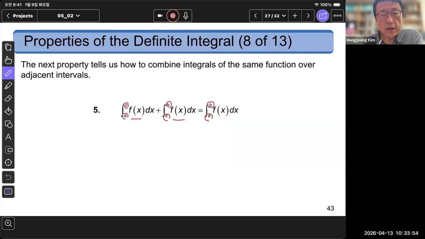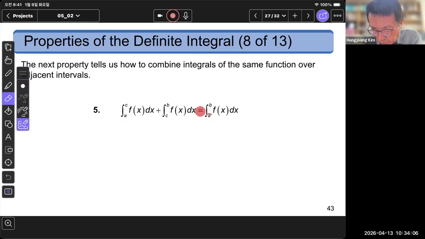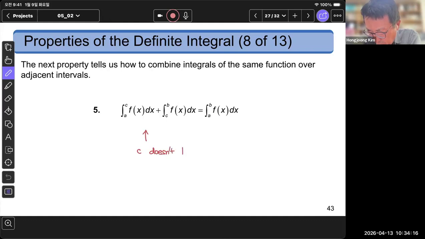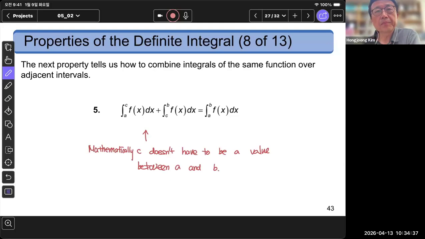But actually, a doesn't have to be smaller than c. c doesn't have to be a value between a and b, mathematically.